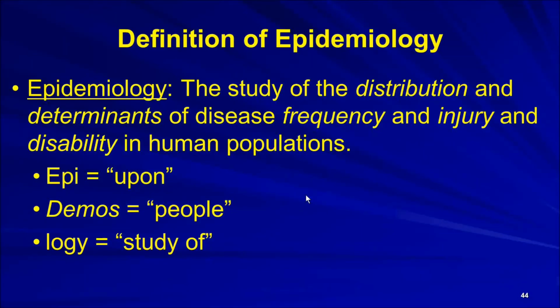So if you'll just keep that in mind, and we'll go through and I'll peel each one of these terms: distribution, determinants, frequency, and injury and disability in human populations, like an onion. So we'll just look at them very carefully and precisely so that you have a good idea. This should give you a whole lot of information about epidemiology all by itself.